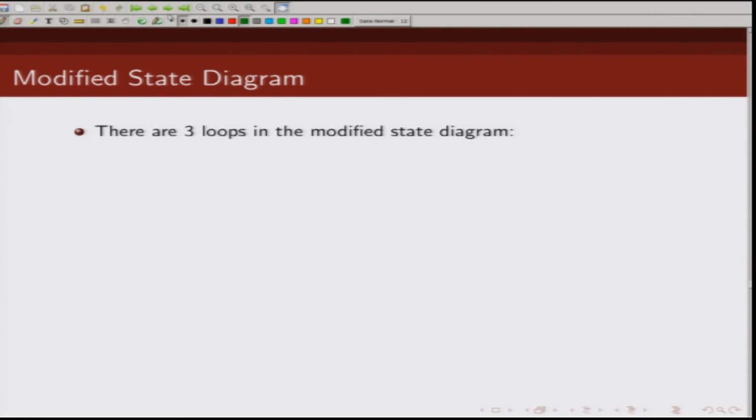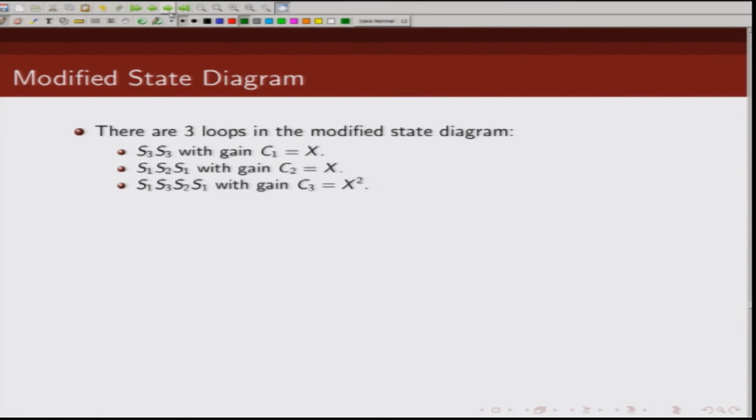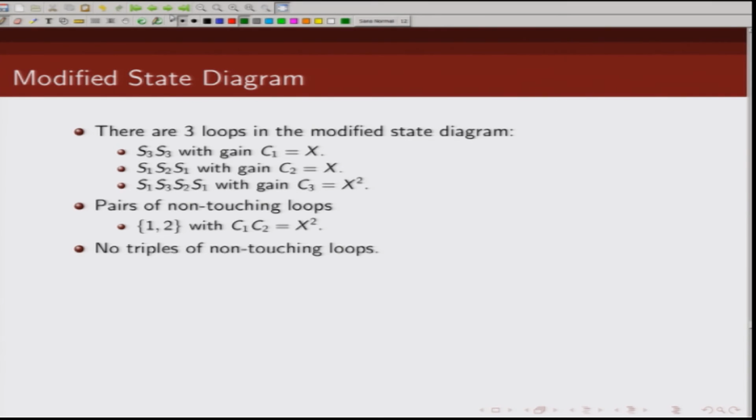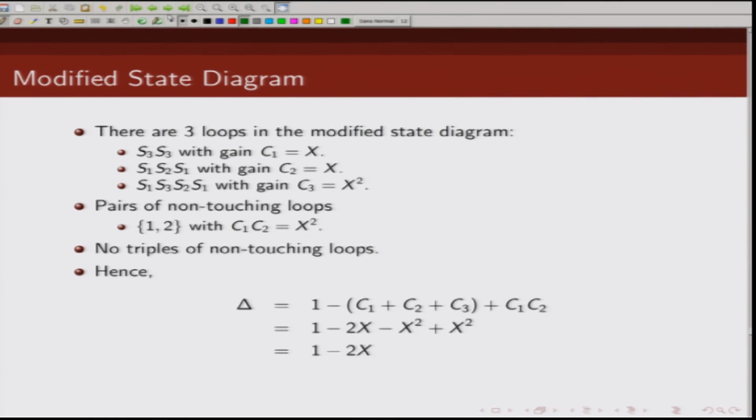So, the set of non-touching loops is C1 and C2, and the gain corresponding to them is X^2. There is no set of 3 loops which are non-touching. Now we can find the value of delta, which is 1 minus the summation of these loop gains plus the gains of the non-touching loops. So, this comes out to be 1 minus 2X.